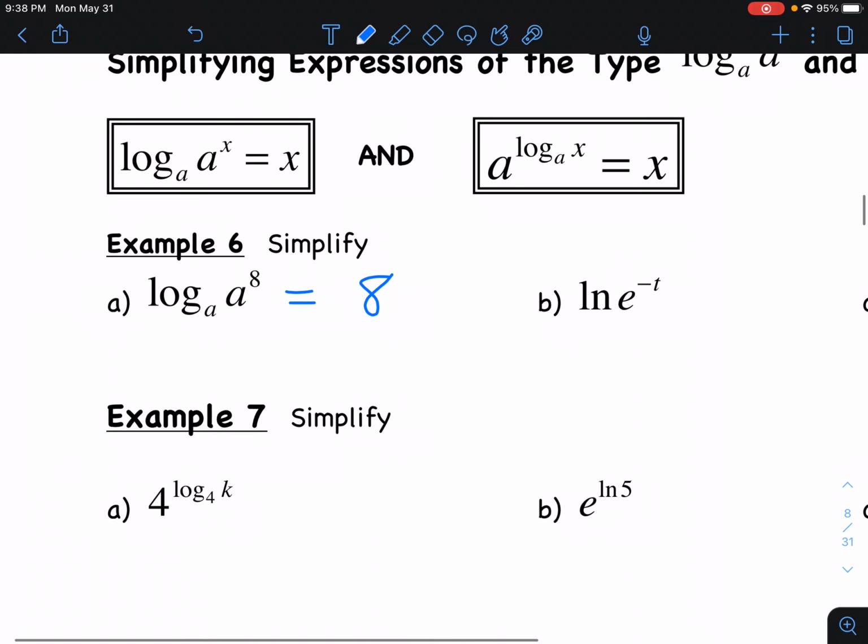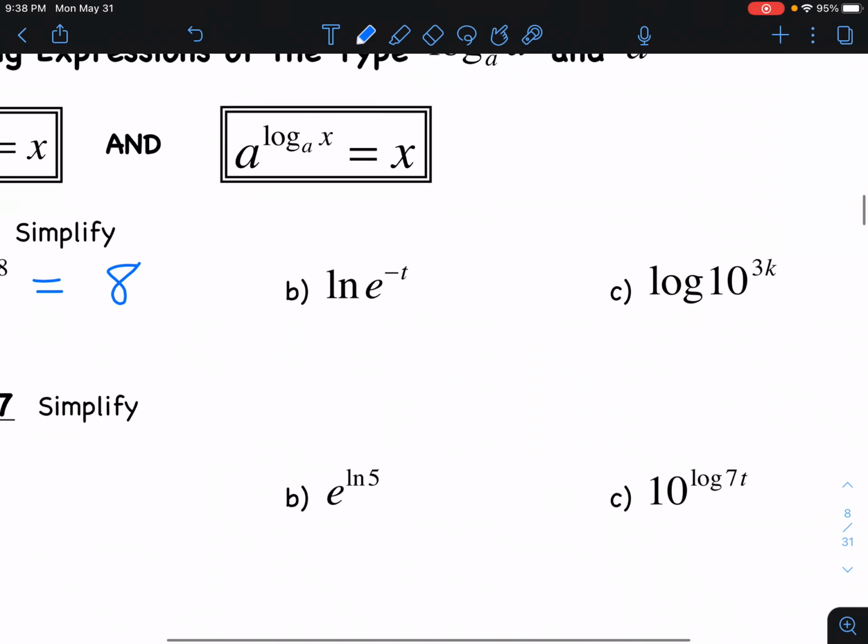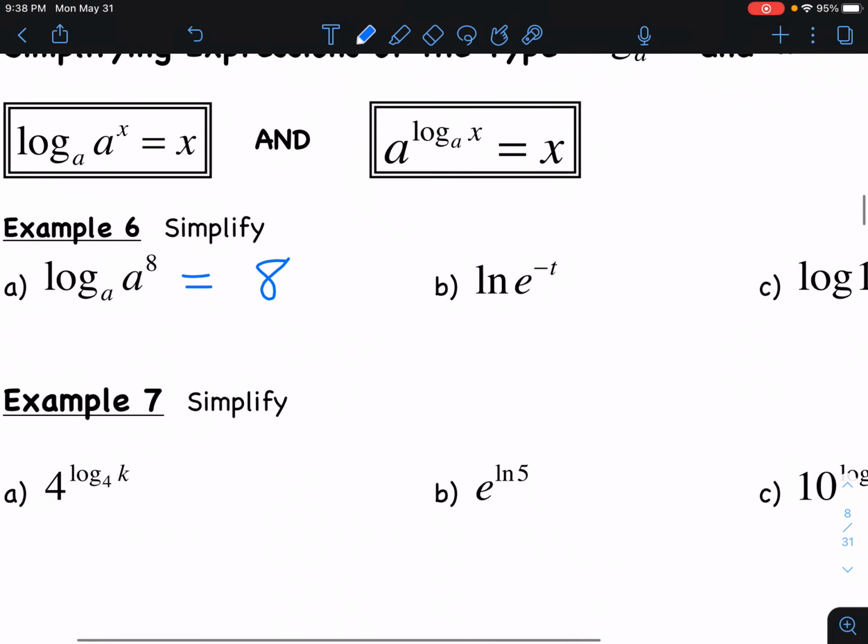Okay, the next one. Even natural logs, we can use this property. ln of e to the power of negative t. Remember that ln is log base e, and then carry down the e to the power of negative t.